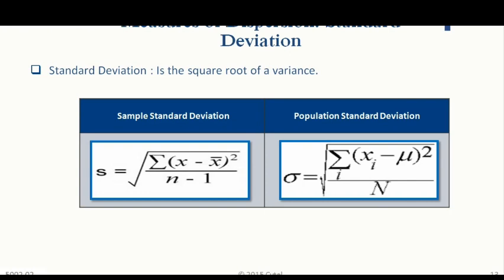Whenever you are taking a sample and you are computing standard deviation or variance, you divide by n minus 1, and whenever you are having the entire population, then you divide by the total number of objects. The reason being that this is an unbiased estimator of the population variance, nothing more than that. So it's an estimate of variance.